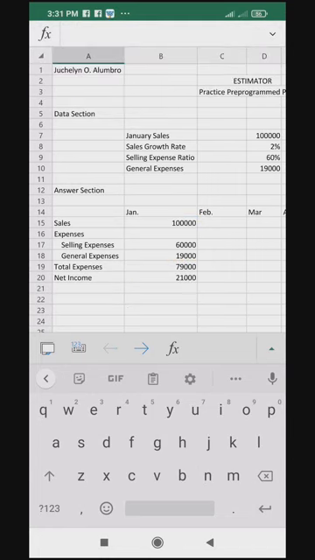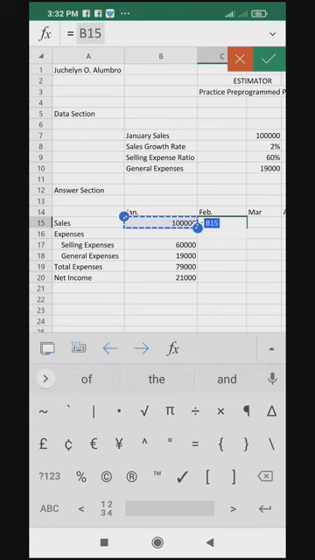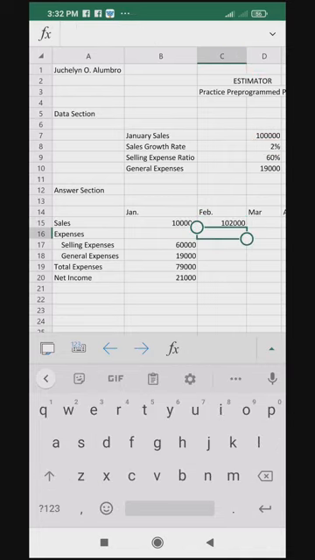So let's proceed to the month of February. The sales for the month of February is equal to B15 times 1 plus D8, equal to 102,000.